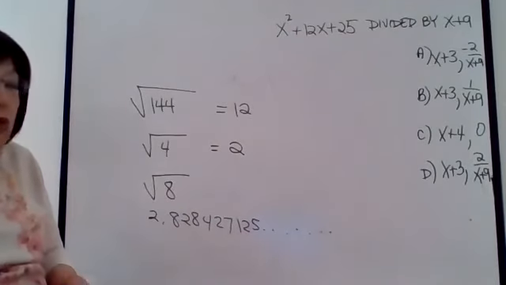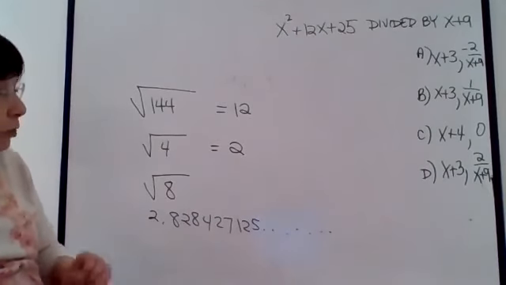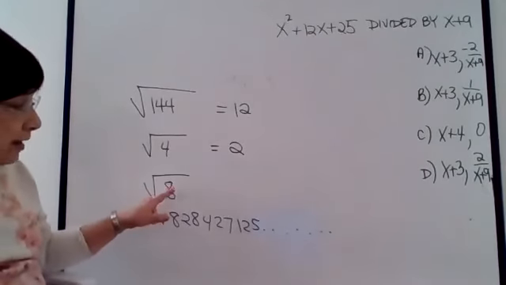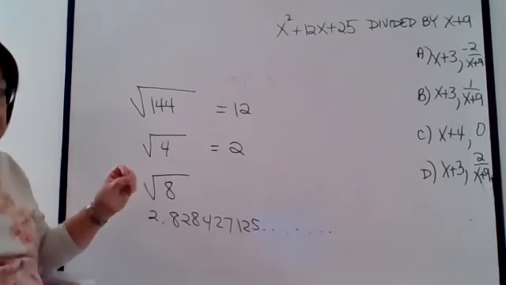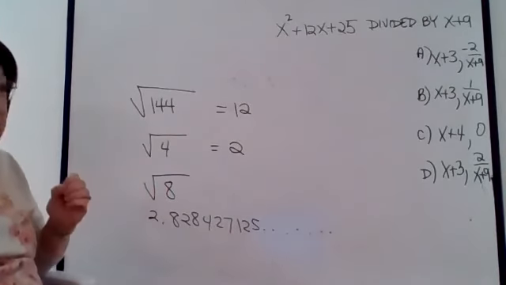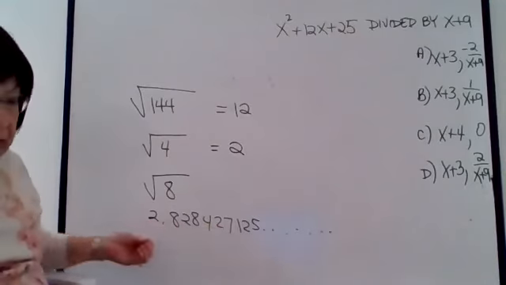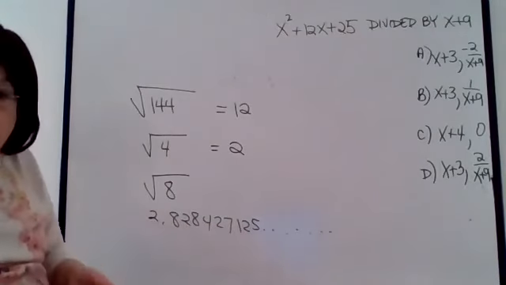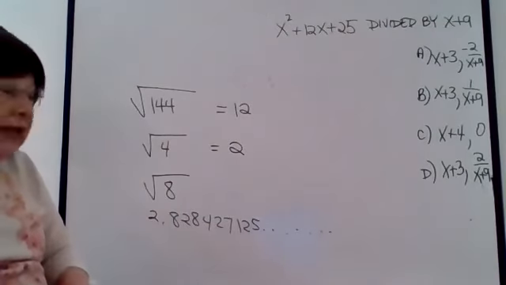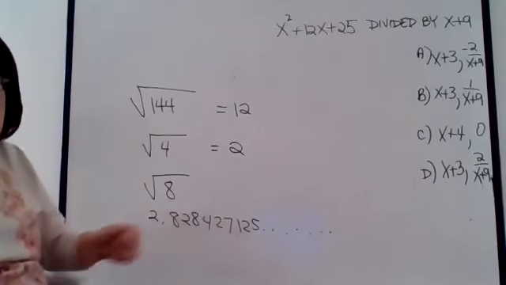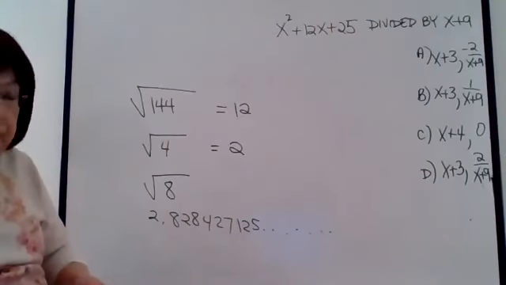This is what's called an irrational number. It's not the square root of a perfect square. The number inside the radical is not a perfect square. And when you try to figure out what the number is equal to, it gives you this long, complicated decimal.